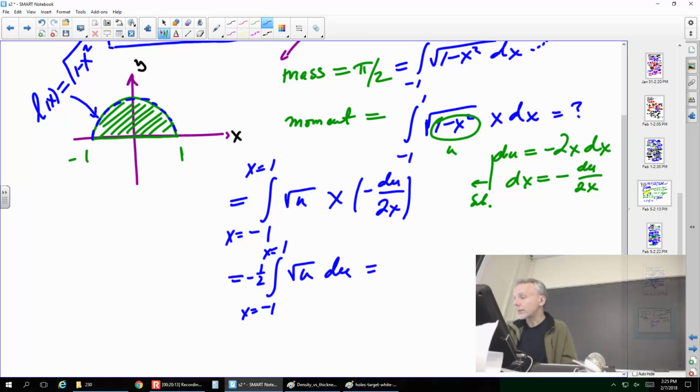So what's the integral of square root of u? What's the formula we apply?